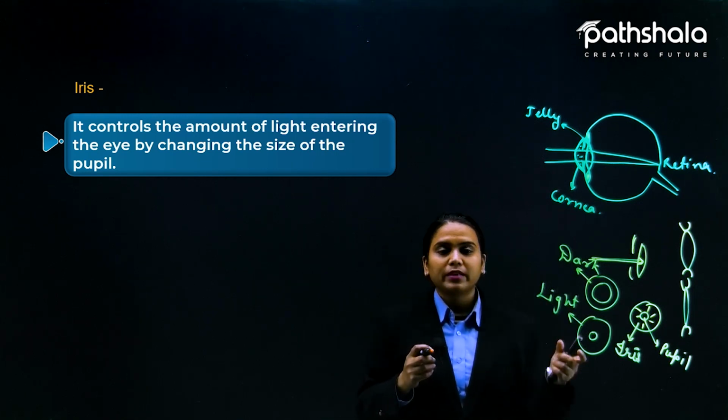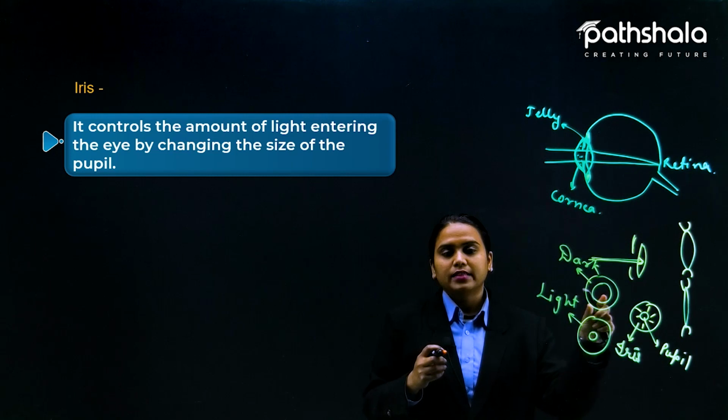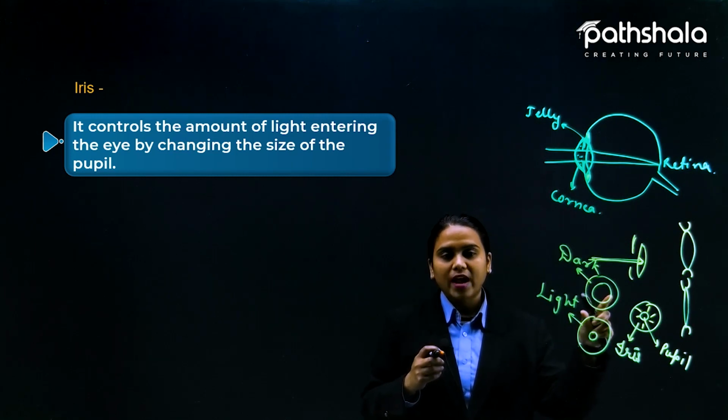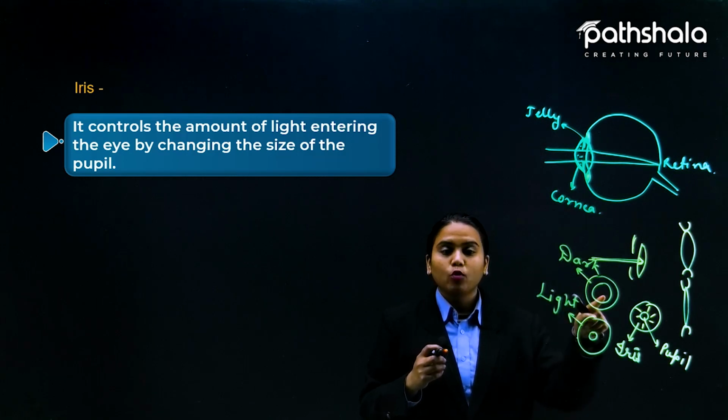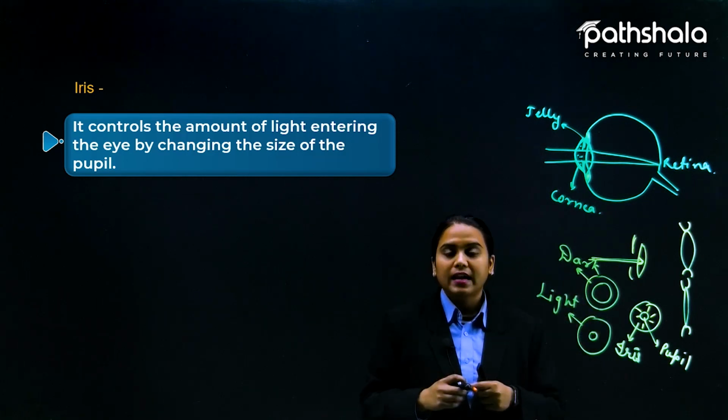Thoda bahut bhi dikh raha ho, for that the iris is going to contract itself and the pupil size gets increased, so that more and more light could enter.